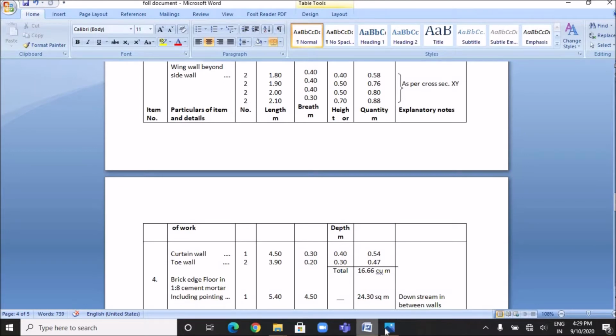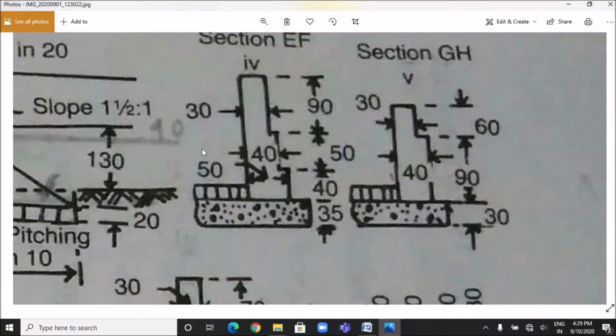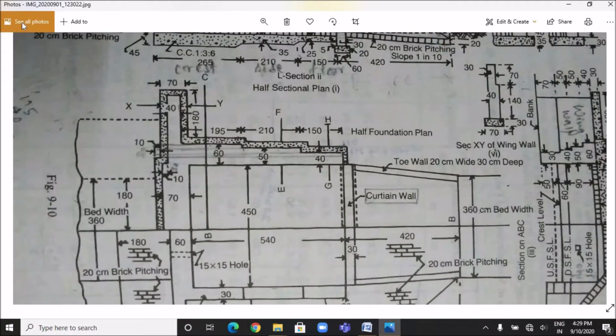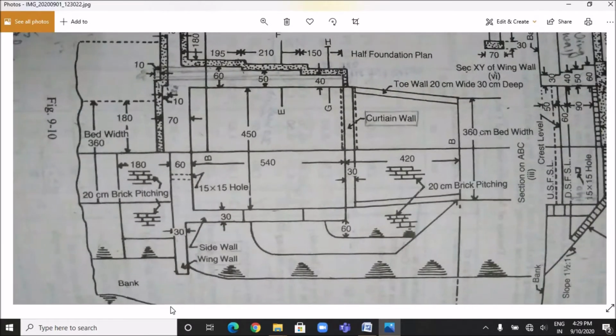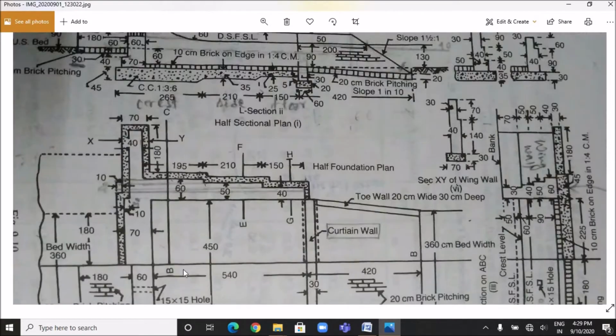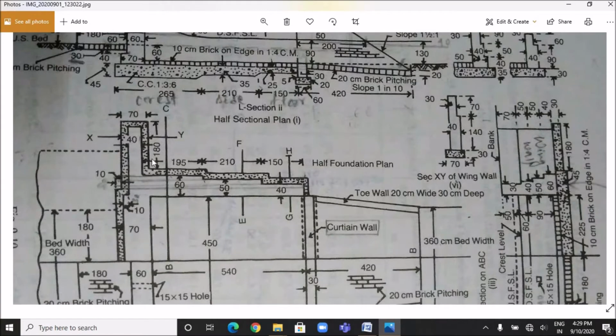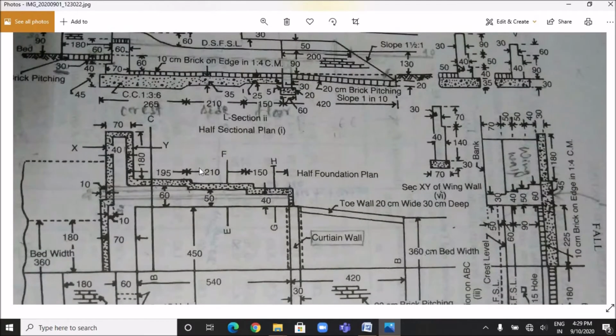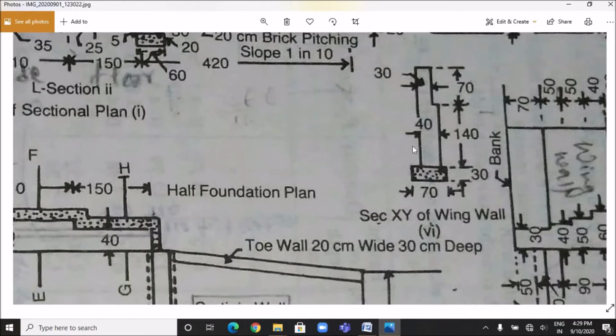So there are 2 number of wing walls. One over here and another over here. So the length of wing wall is 180 centimeter or 1.8 meter, and its breadth is 40 centimeter.